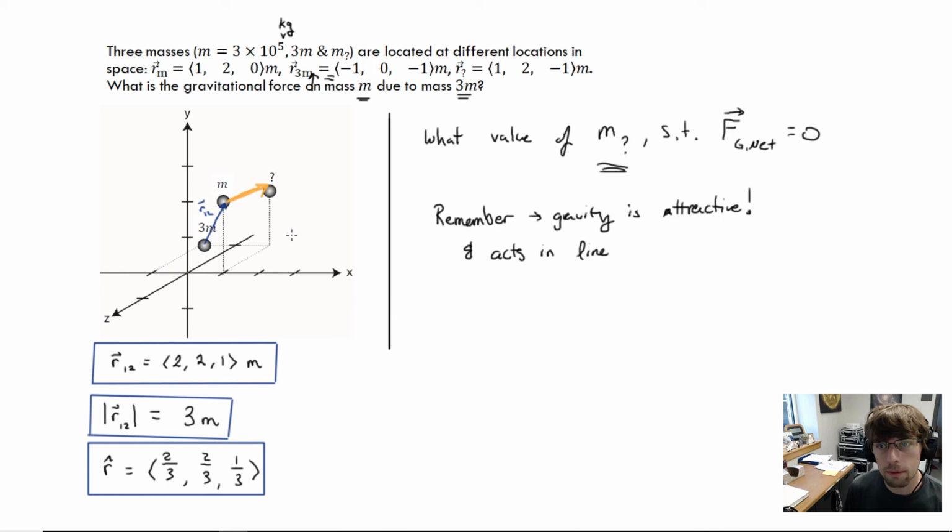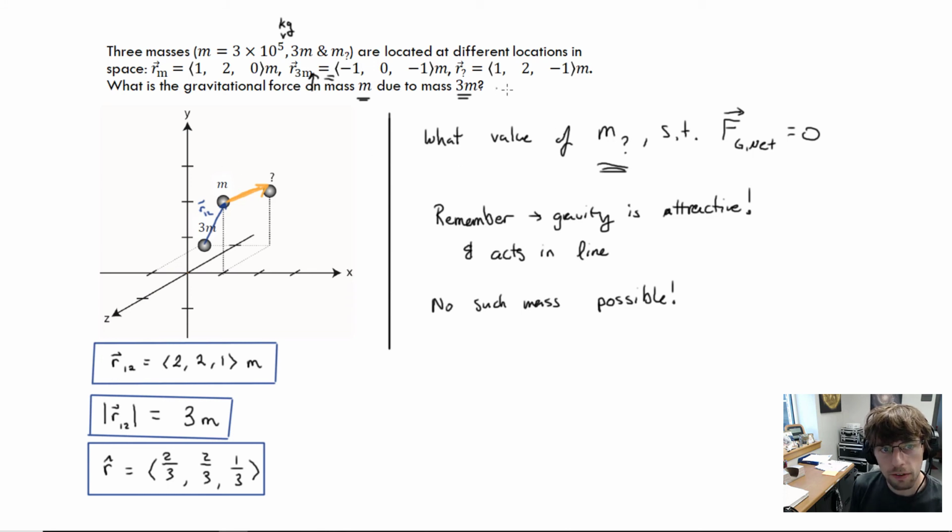They're not along the same line. There's no way that I'll actually get those two to cancel out. And so at least the idea here is there's no such mass possible. And that's one where the picture really helps you out.